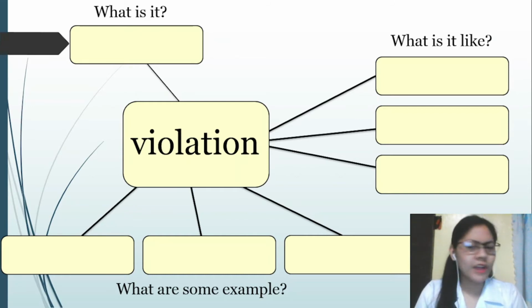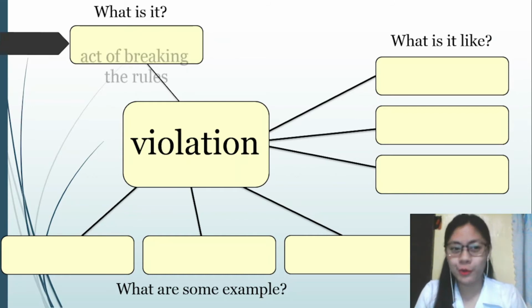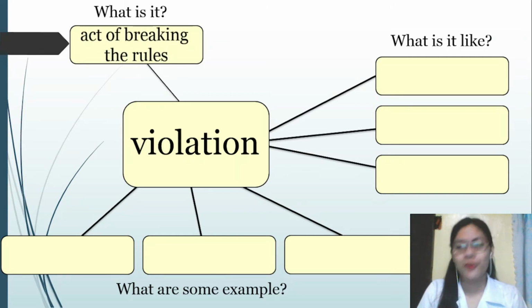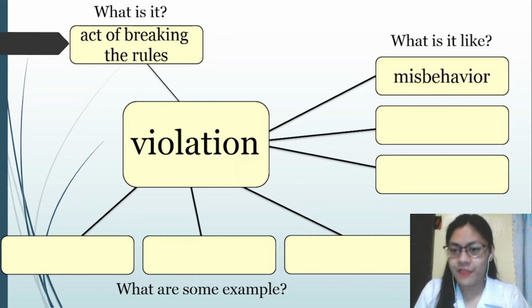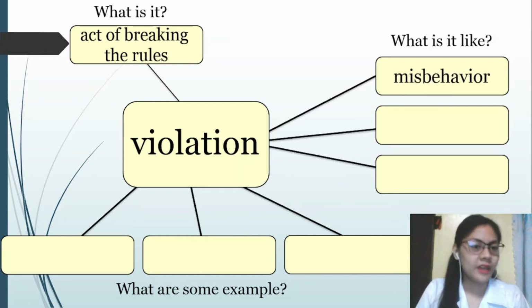I think violation is the act of breaking rules. There you have it. I want you to answer what violation is like. Okay, someone answered misbehavior. Anyone else who would like to answer what a violation is like?